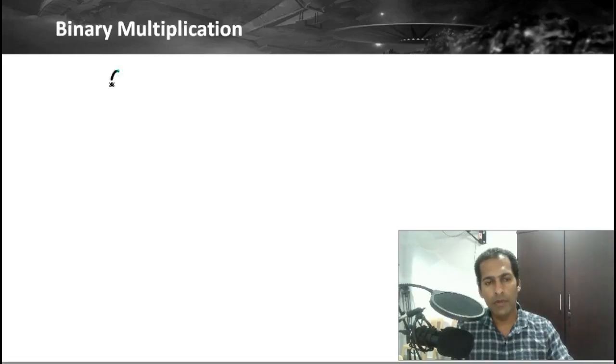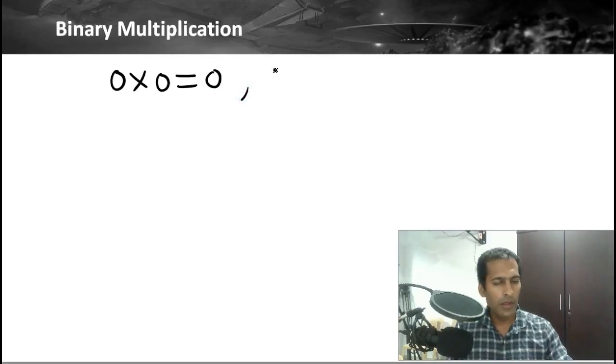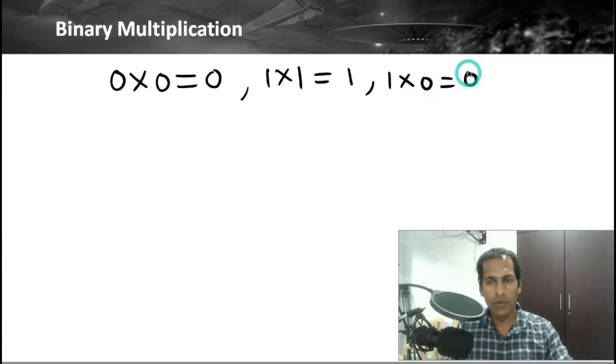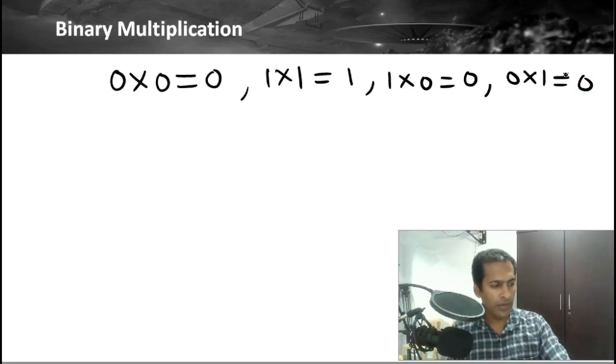Like 0 multiplied by 0 will be equal to 0. Then 1 multiplied by 1 will be equal to 1. Say 1 multiplied by 0 will be equal to 0, or 0 multiplied by 1 will also be equal to 0.